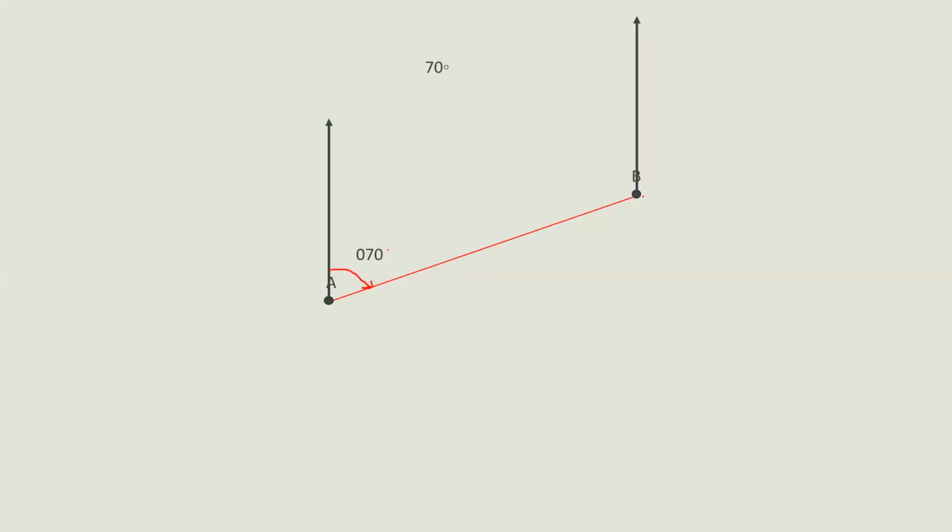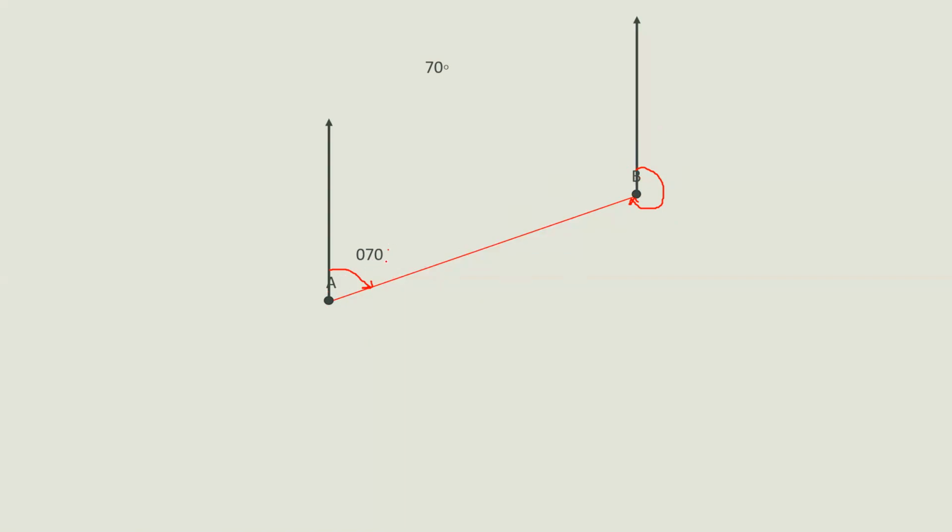But say I reach B, and now I need to find the bearing at which I should move to reach point A. So I'm going to move clockwise from the north at point B to the line connecting A and B, and I need to find this whole angle. How will I find this angle? Other than using a protractor, a more accurate method would be to use simple geometry.